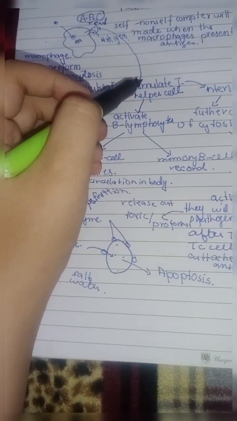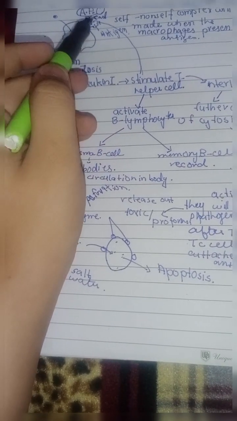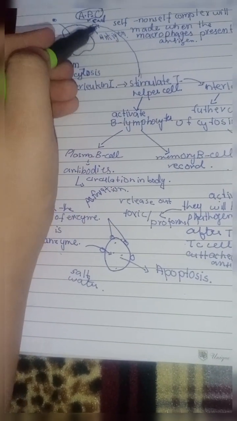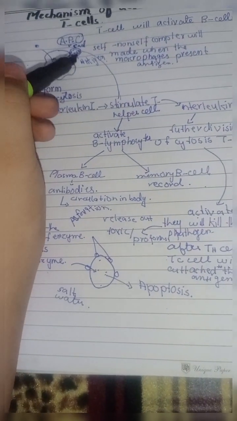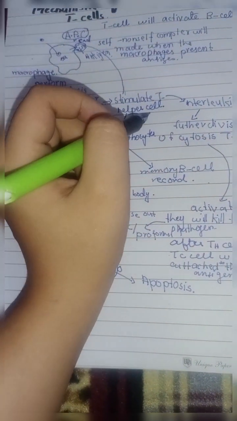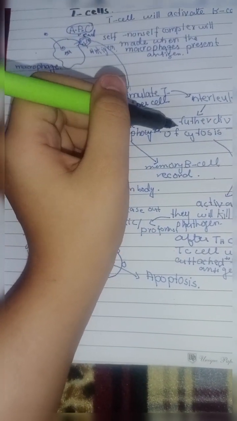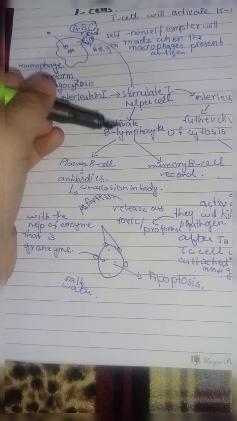Then the T helper cell will move to the macrophage or the antigen, and this stimulated T cell will read which antigen came here. After reading, the T helper cell will release interleukin 2, which will further divide into cytotoxic T cells and activate the B lymphocytes.